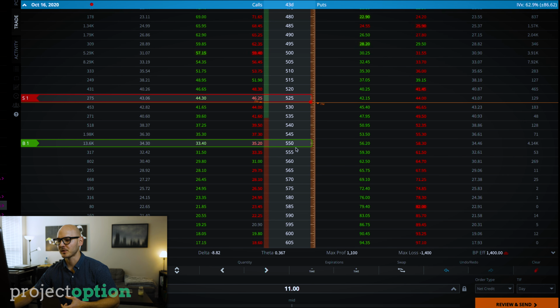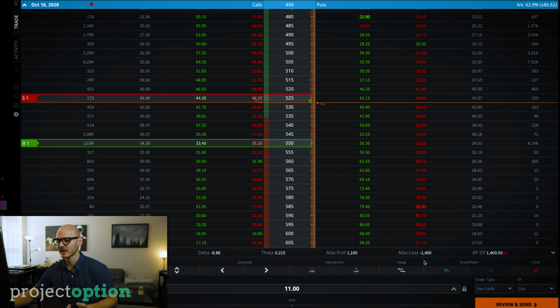But if Netflix is above 550 at expiration, then this spread will be worth $25. And if I short it for $11 and it goes to $25, I'll have a $14 loss, which means my maximum loss on this is actually $1,400. So when we compare these two strategies of either shorting the 525, 550 call spread versus buying the 525, 500 put spread, we can see that this has less favorable risk reward.